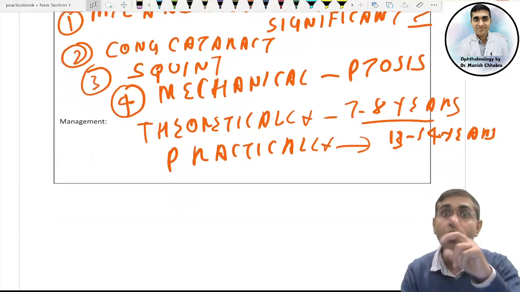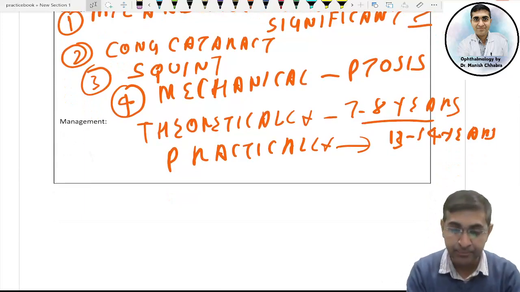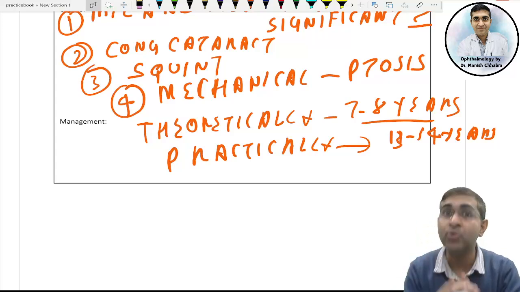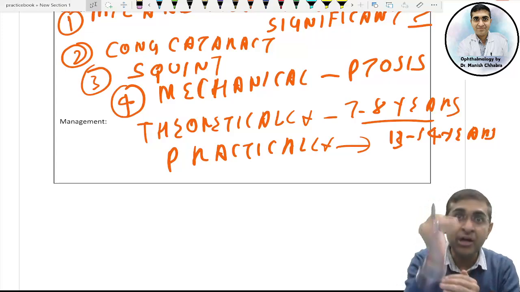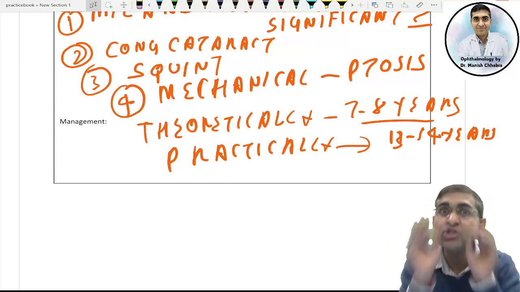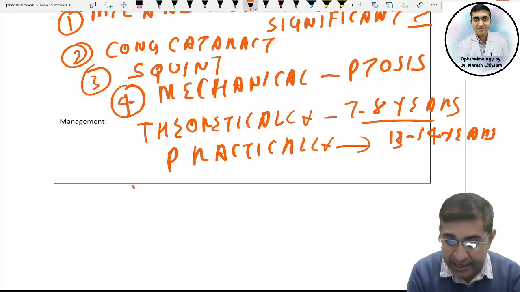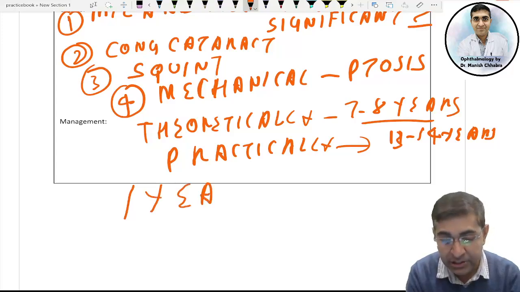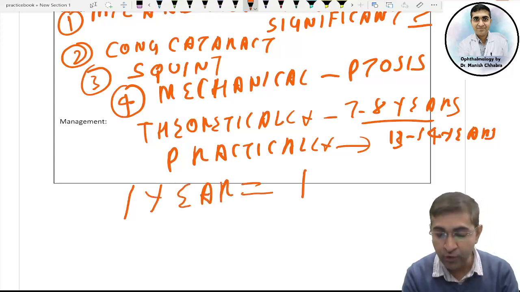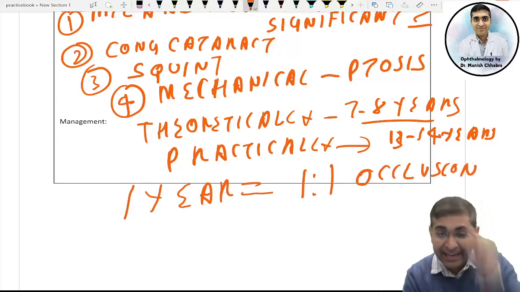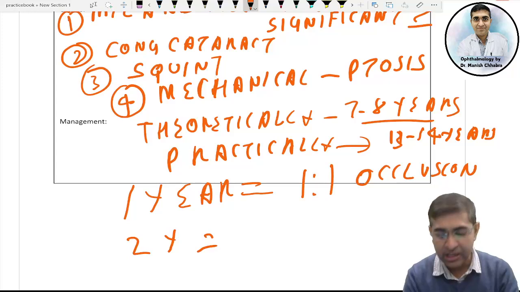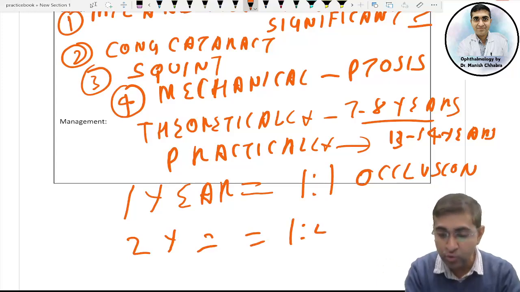Now, the greater the age, the more aggressive the treatment, because as the age progresses, amblyopia becomes difficult to treat. If the child is 1 year old, you go for 1:1 occlusion therapy. If the child is 2 years, you go for 1:2 occlusion therapy.